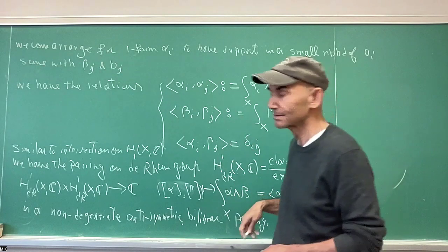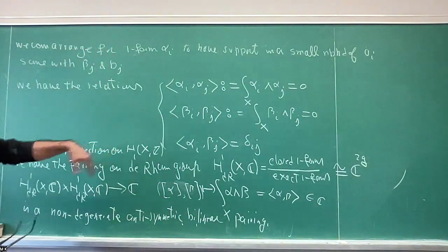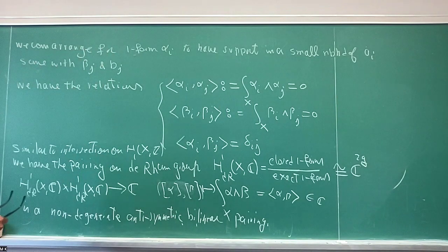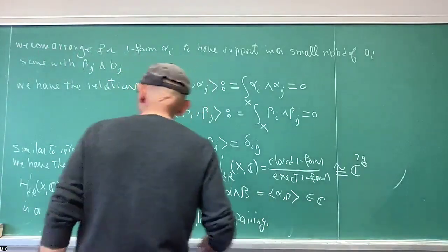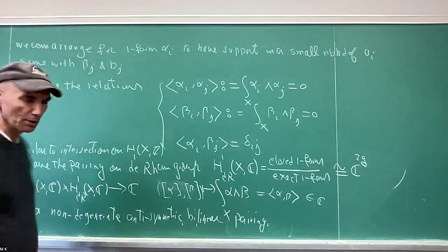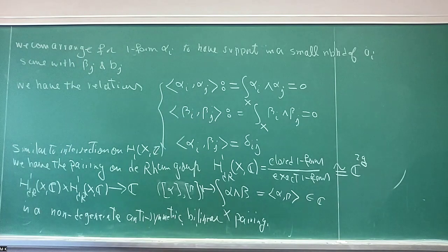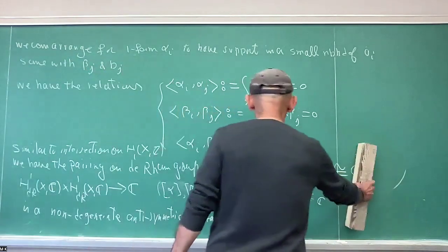The other one was only a free abelian group, but this is really a vector space over C. Okay, so let me tell you about the proof of this. Any questions? That clear? Okay, let me indicate the proof of some of these at least.